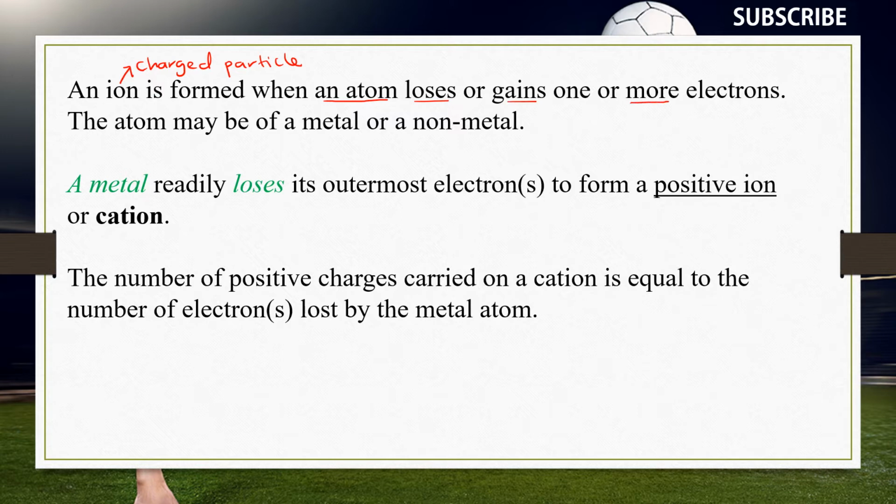However, we know that atoms can either be metals or non-metals, and in this case we are going to start with the metallic nature. So a metal loses its outermost electrons to form a positively charged ion, and in this case we can call it a cation. And we shall later realize that the number of positive charges carried in a cation is equal to the number of electrons which will be lost by the metal atom.